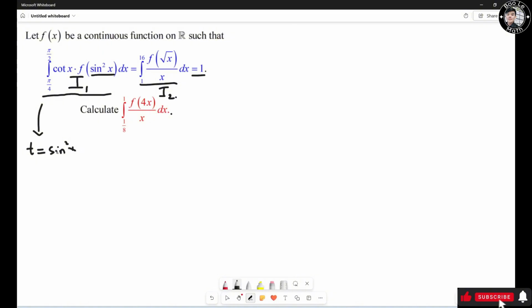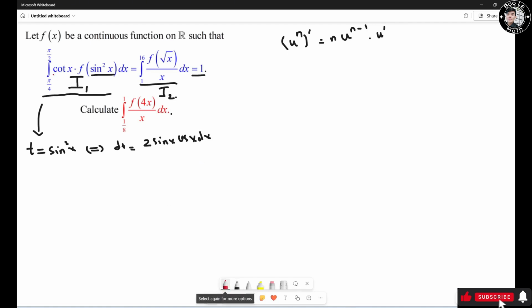And then I'm going to take the derivative of both sides. So it turns out to be dt equals, using the formula for u to the n, the derivative is n times u to the n minus 1, times u prime, right? So this turns out to be 2 sine s cosine s ds, right?